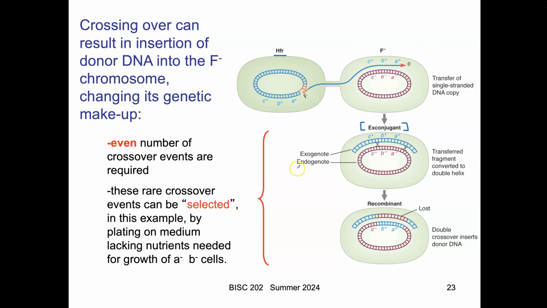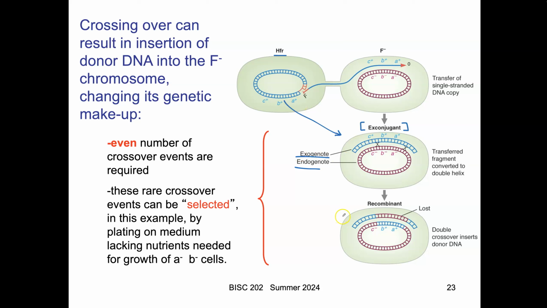So I don't think these terms are that useful, but endogenote is the bacterial chromosome, and the exogenote, that's the DNA that's been introduced that came from the outside. So endo, inside, exo is from an external source.